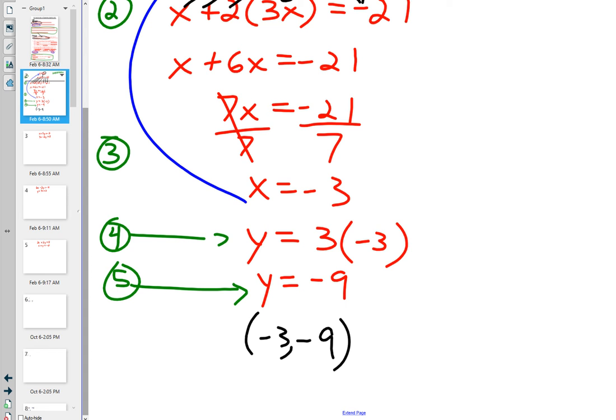The order being alphabetical order. Negative 3, negative 9. Because we're not graphing anymore, every variable is not going to be x and y. You might have a's and b's, in which case you write a comma b. You might have c's and d's, so write c comma d. The order in ordered pair is alphabetical order.